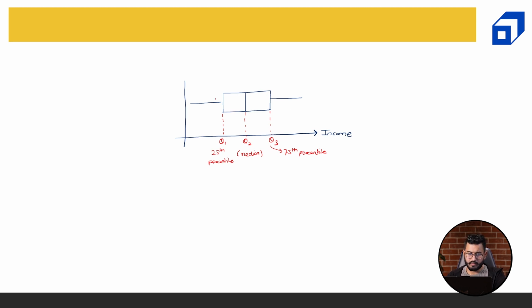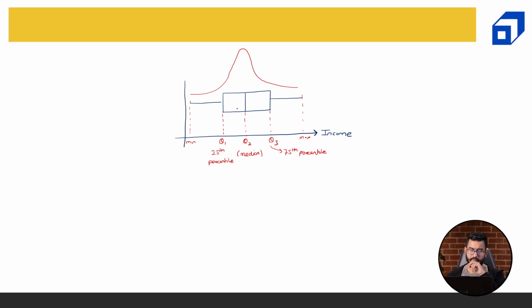So a box plot represents how your data is spread between a minimum value and a maximum value. This is my minimum value, and for this particular box, this is my maximum value, and the distribution is very normal. So if I create a distribution, it will look something like this.